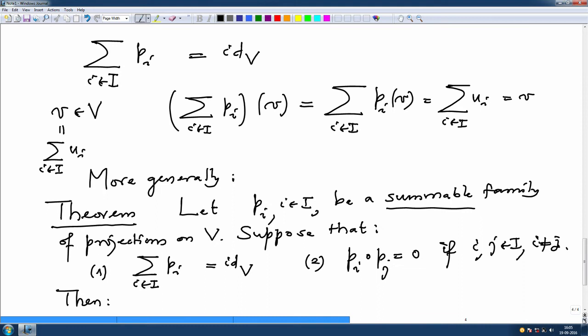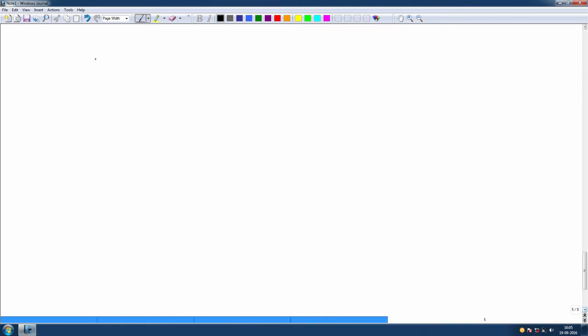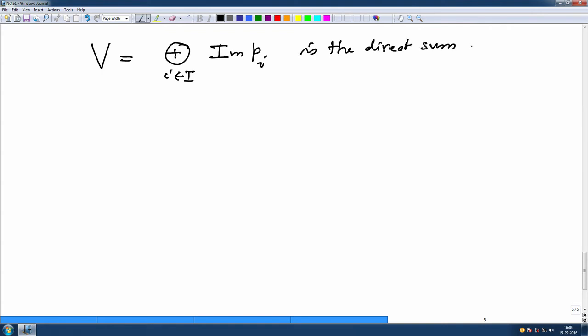Then V is the direct sum, i in I, of the images of Pi. V is the direct sum of the family of images of Pi.